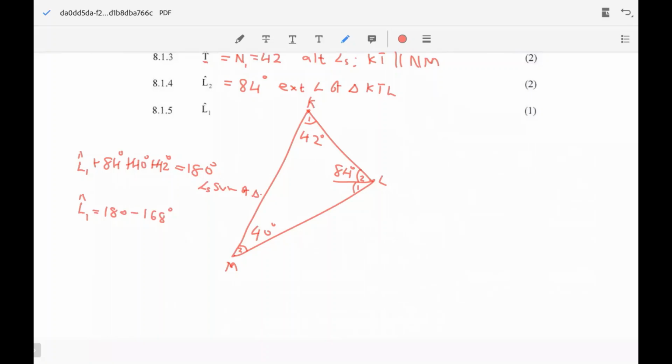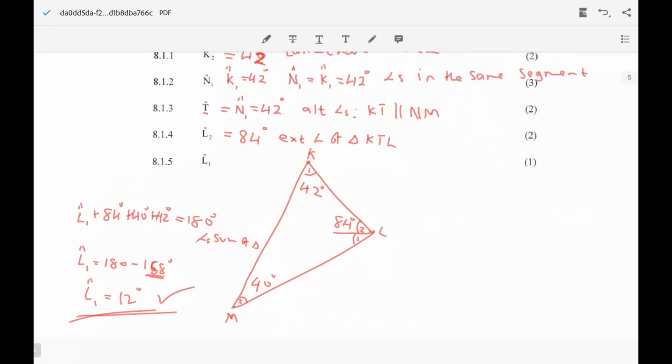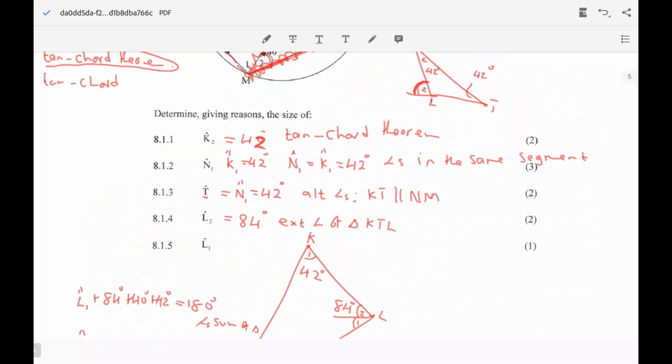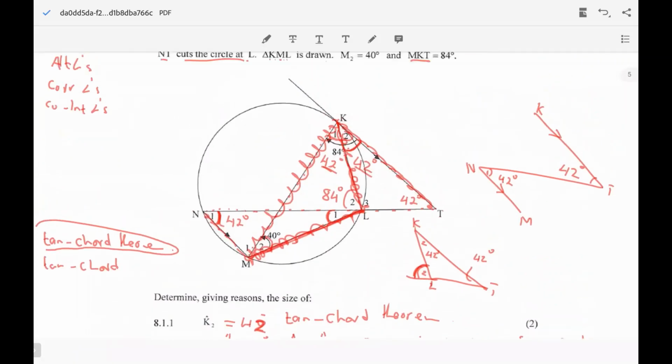So this leaves you with L1 equal to 12 degrees. I'm not so sure, but I know the angle should be 12 degrees. So that's how the candidates were supposed to approach that particular question.